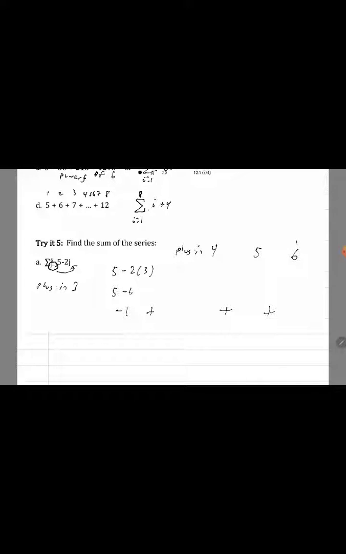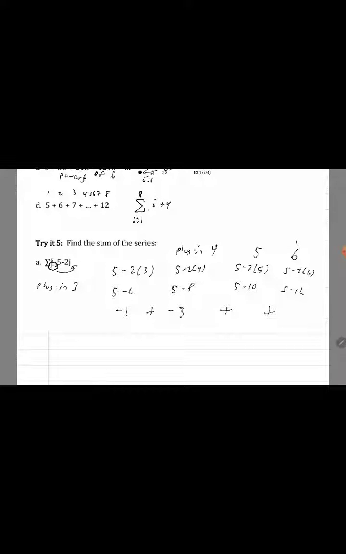So if I plug 4 into this equation, I'll get 5 minus 2 times 4. Plug in 5, 5 minus 2 times 5. 5 minus 2 times 6. So 5 minus 8, 5 minus 10, 5 minus 12. So 5 minus 8 is negative 3.